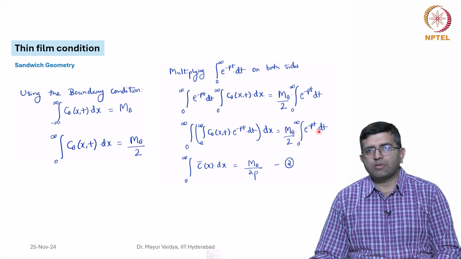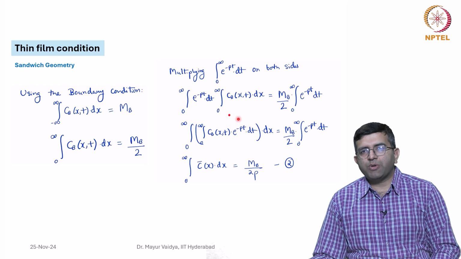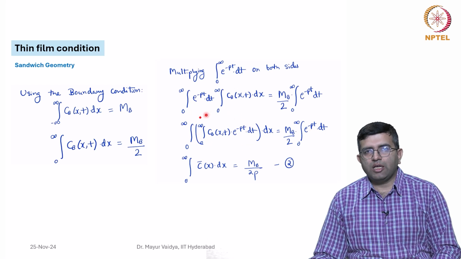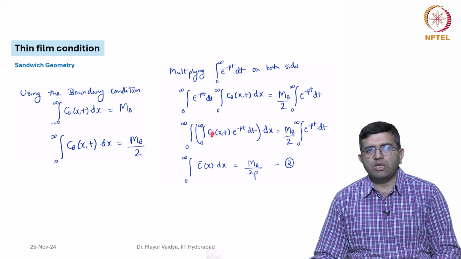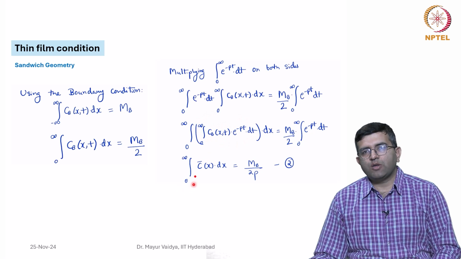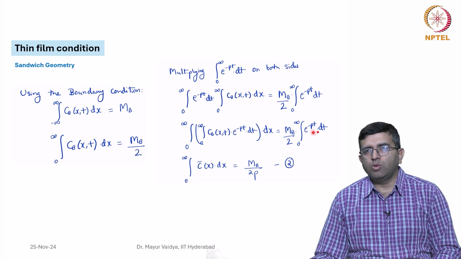I can rearrange the integral and write the integral from 0 to infinity of dx outside, with another integral from 0 to infinity of C_B(x,t) e power minus pt dt inside, equal to M_B by 2 times the integral from 0 to infinity of e power minus pt dt. The integral inside is nothing but the Laplace transform of C, which is C bar. So the integral from 0 to infinity of C bar of x dx is equal to M_B by 2 times the integral of e power minus pt dt.